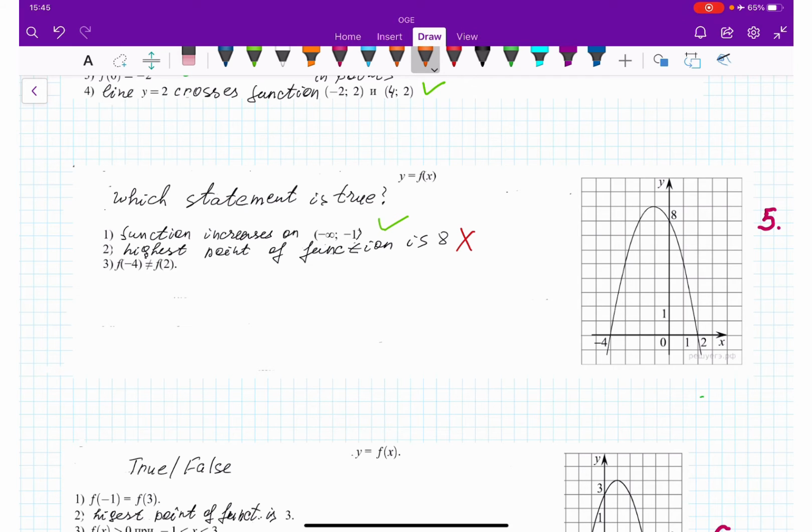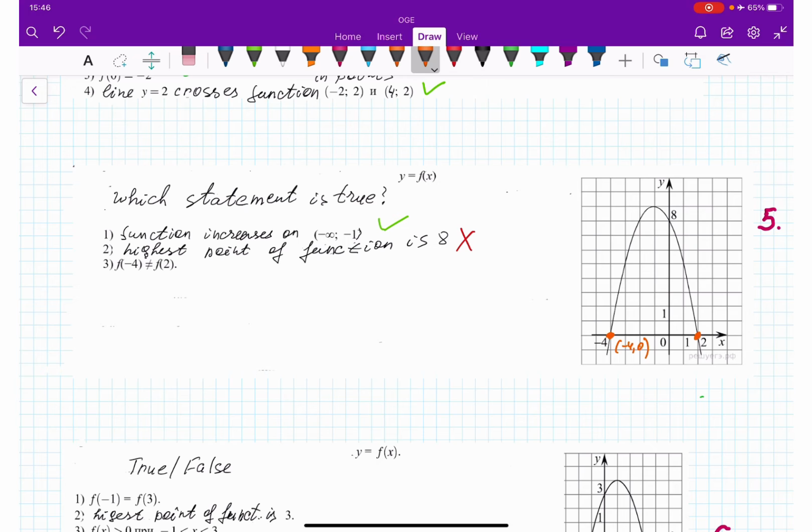F of negative 4 is not equal f of 2. Okay, let's find negative 4. Here it is. And let's find f of 2. What is the value of y at the point negative 4? It's 0, right? So here we have negative 4 and 0.